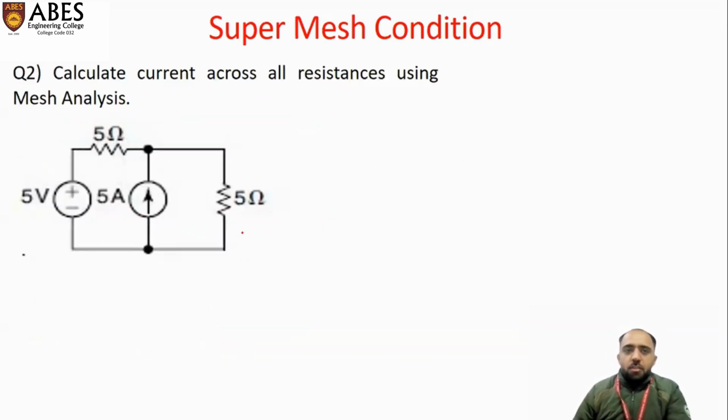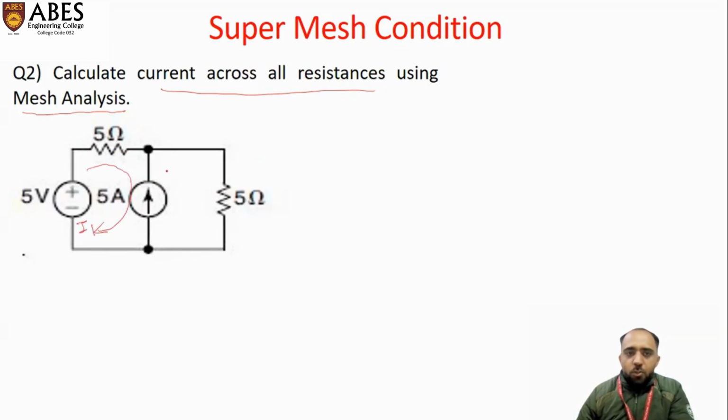Let's solve this question. Calculate the current across all the resistances. How many resistances are there? 5 ohm resistance, and again the second one is also a 5 ohm resistance. So we need to find out the current through both the 5 ohm resistances. So let's use mesh analysis. First of all, we need to check whether this question is for the super mesh or simple mesh. Let's count the number of meshes.